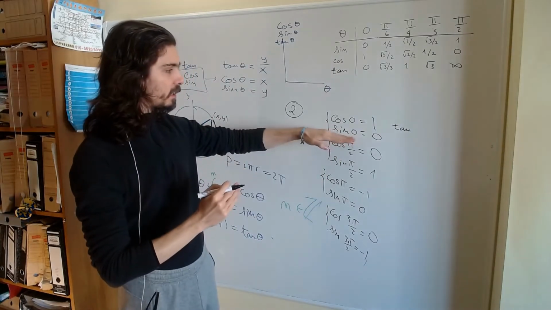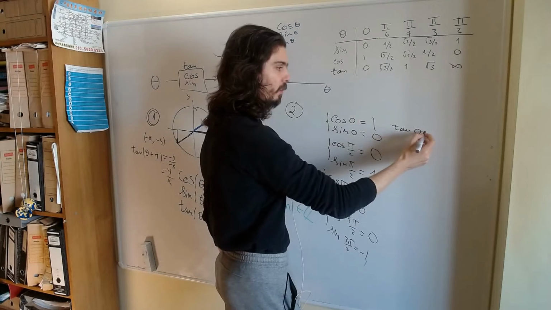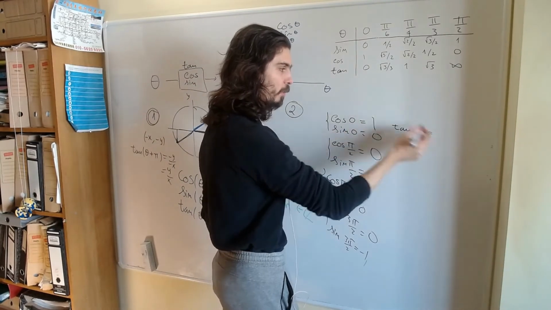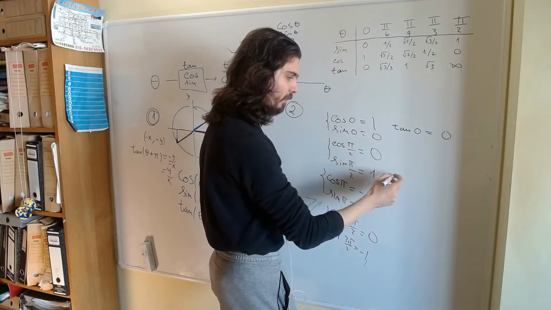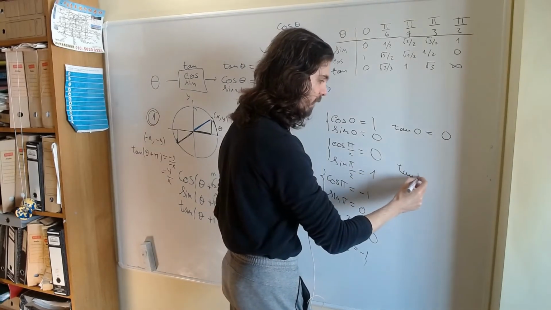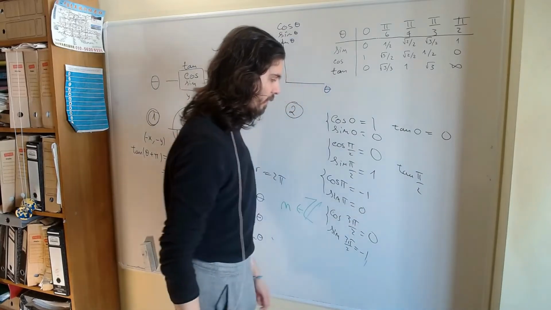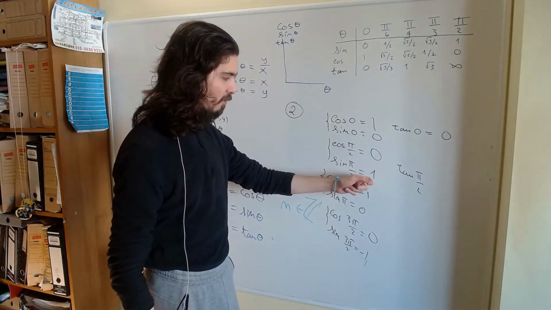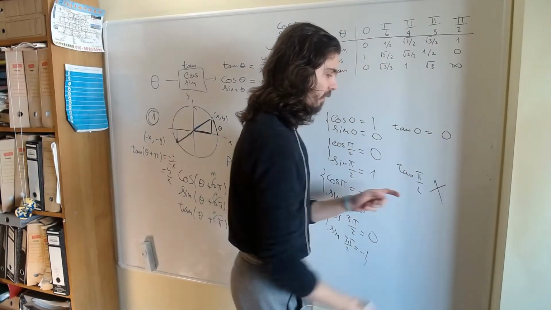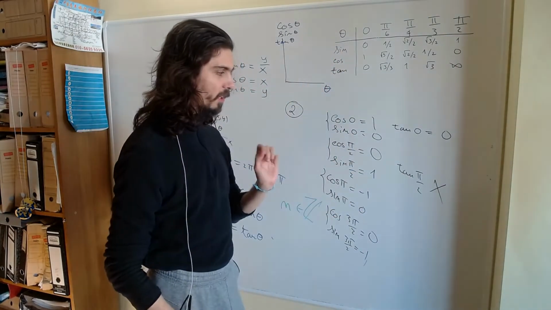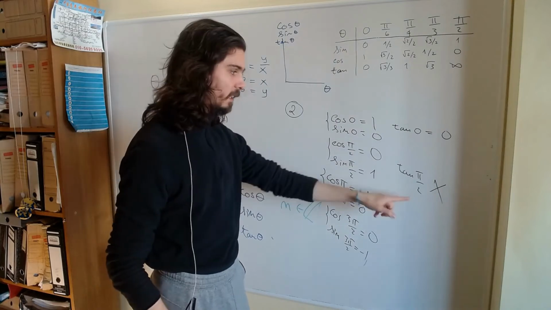The sine divided by the cosine, so tangent of 0 is 0 divided by 1, but 0 divided by 1 is 0. What about this? This is special, more difficult. What's the tangent of pi over 2? Right? Because now you have 1 divided by 0, so this is not defined. Okay? The function tangent doesn't exist at this point.